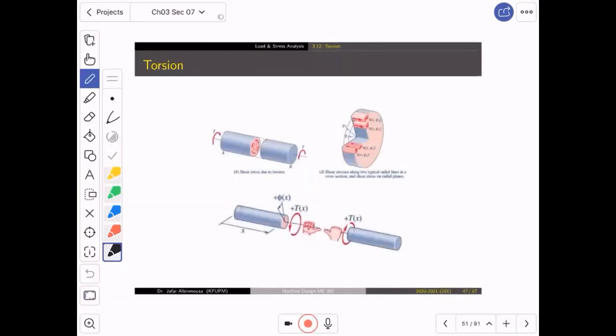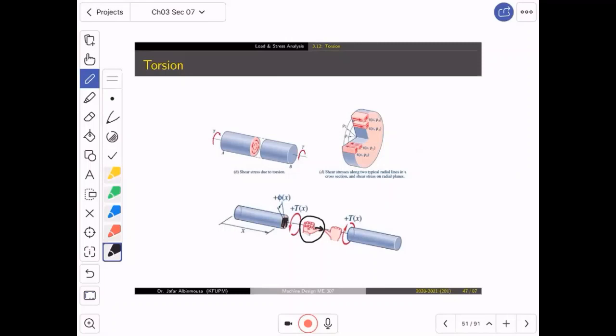Now, what we need to know is that torsion is applied as a moment. If the direction of the moment, using the right hand rule, is such that the thumb is pointing toward the x-axis and the outward normal of the surface, this is the surface, then this is positive.